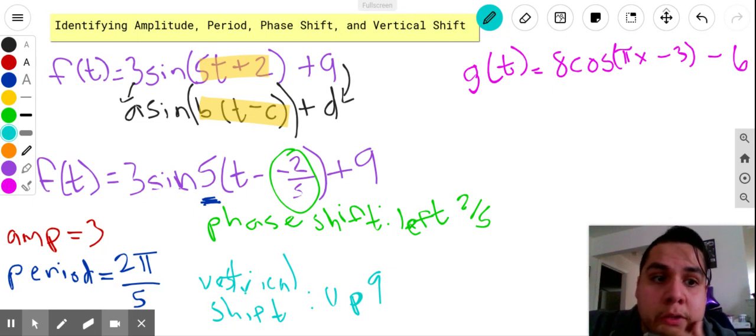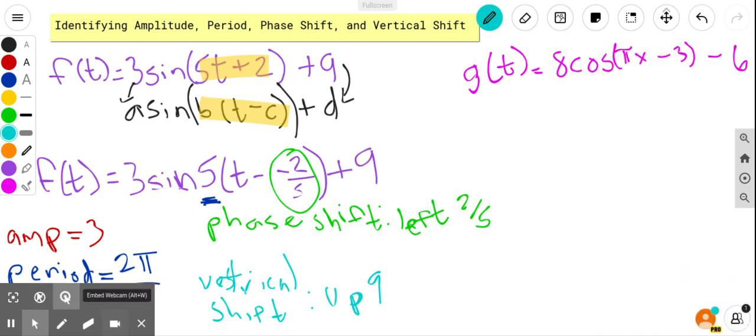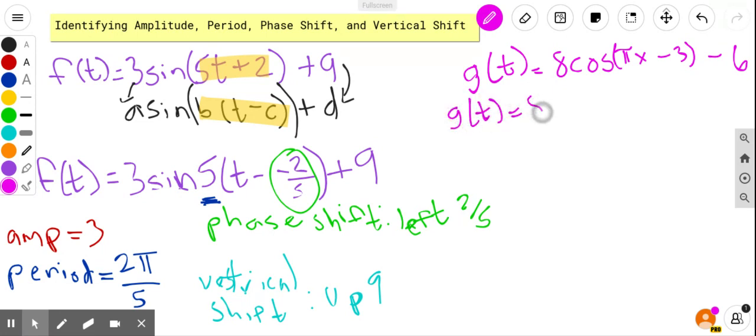Okay? So let's try it again, but now let's look at a cosine graph and let's look at some weird stuff. Because numbers have been kind of nice lately, so YOLO. Now we have g of t. G of t, I can rewrite that. If I think about this as g of t is equal to 8 cosine of pi multiplying an x minus 3 over pi, minus 6.